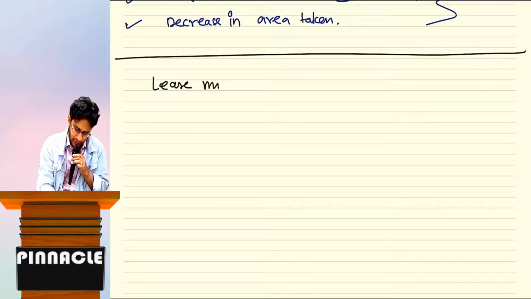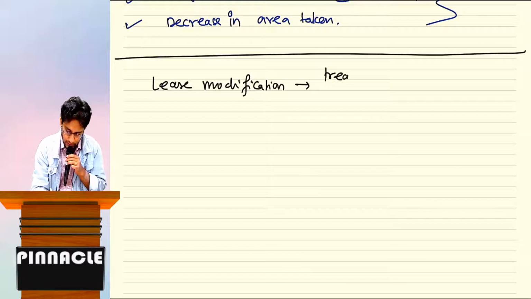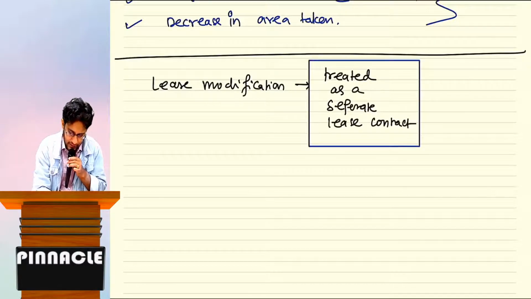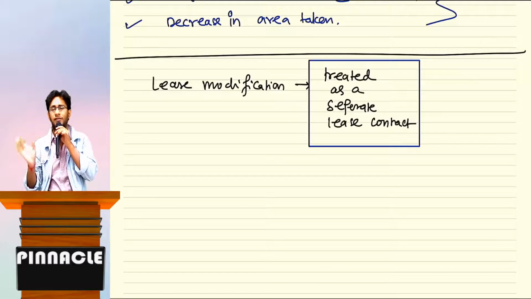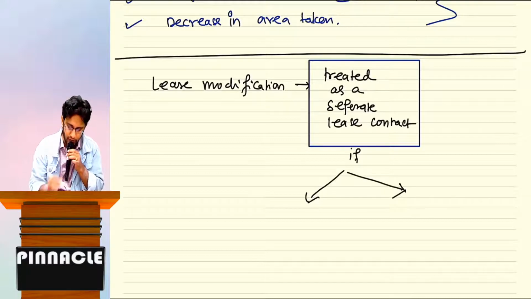A lease modification, whatever is happening, should be treated as a separate lease contract. Actually, it is a modification of an existing contract only, but you will treat it as a separate lease contract, altogether a different contract, if two conditions are satisfied.